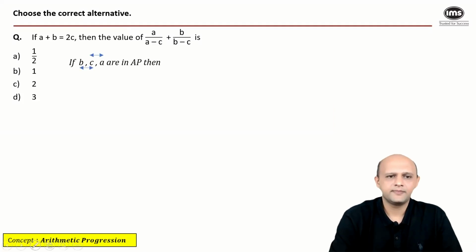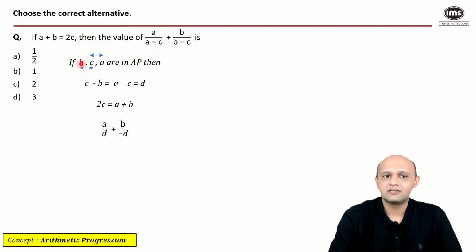So C minus B is equal to A minus C. If both are equal to d, which is the common difference, then 2C will be equal to A plus B, or as we say, twice the middle term is equal to the sum of the extremes. Now, we know that A upon A minus C, this is going to be d. Notice this.